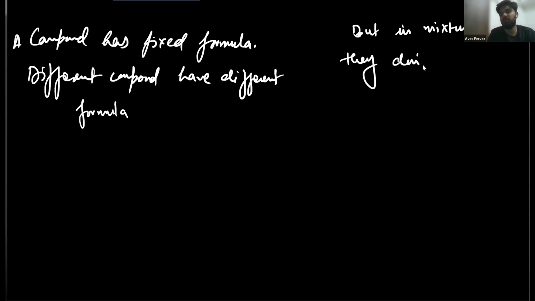They don't have any formula. You don't have a formula for sugar solution, for salt solution, for pizza, for burger, or for other stuff that you see normally in your daily life.